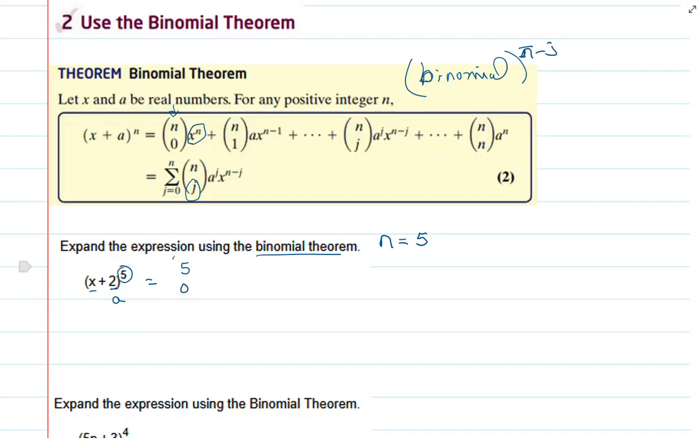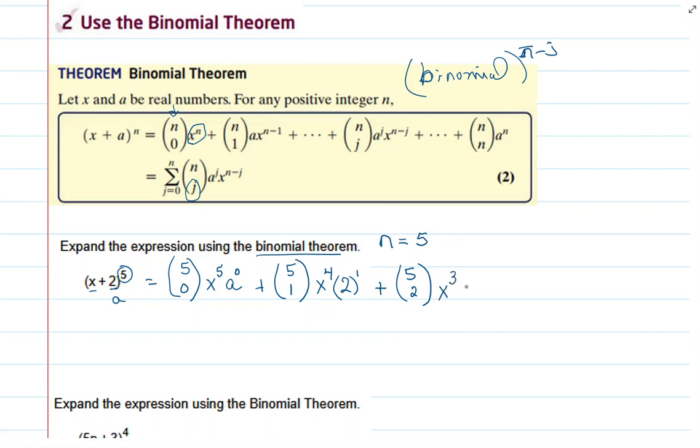So we would write 5 over 0 for our first term. X to the 5, a to the 0. Anything to the 0 is 1. That's why they put just x. Plus 5 over 1, 1 less. That's going to give me x to the 4, and my a is 2 to the 1. Is that good? My next term is still 5, and it's our third term in our list.